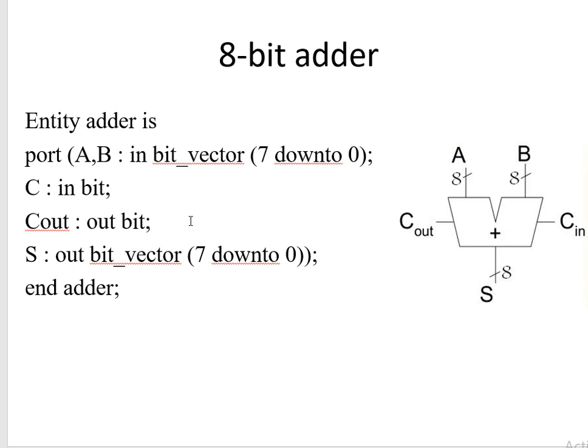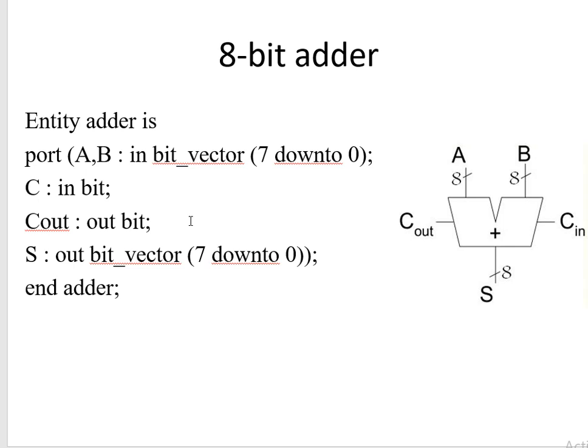For example, here we need 8-bit lines. Okay, we can write 0 to 7 or in reverse 7 down to 0. Both of them are good, but 7 down to 0 is a little better. Why?